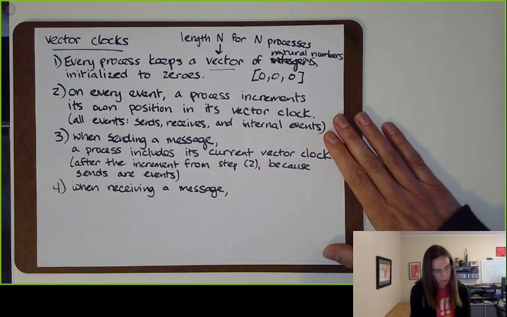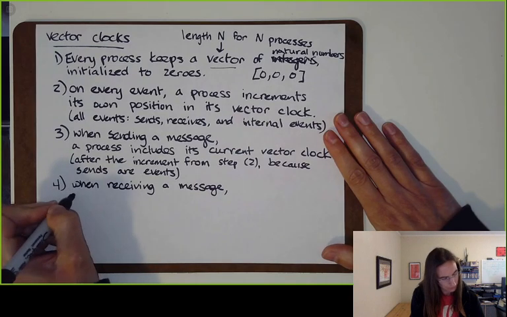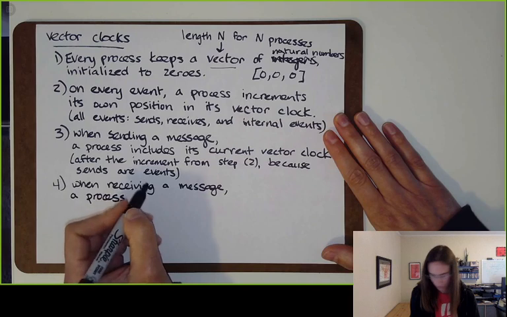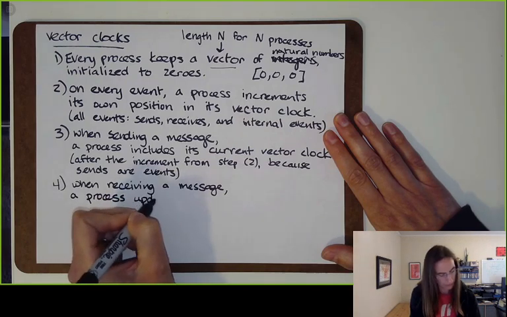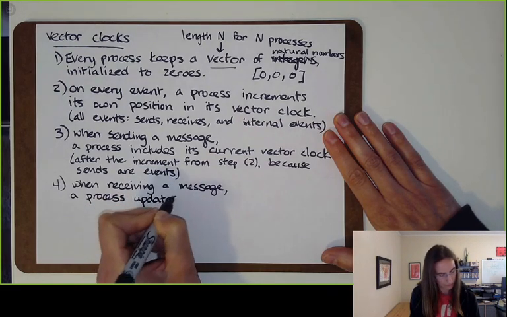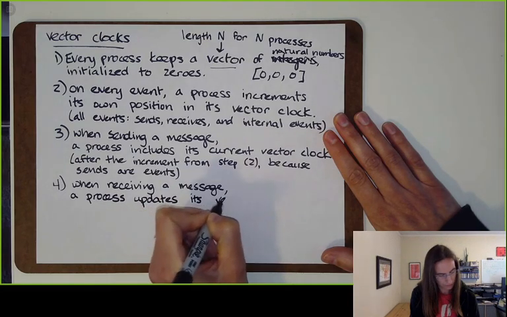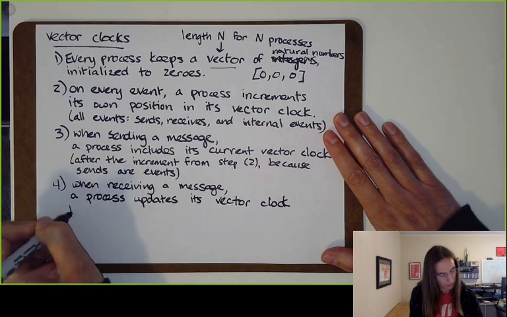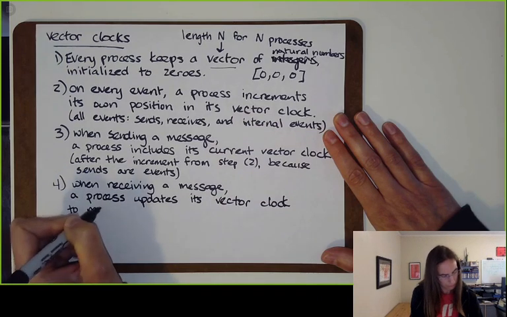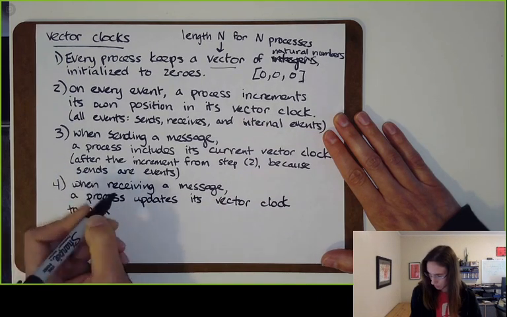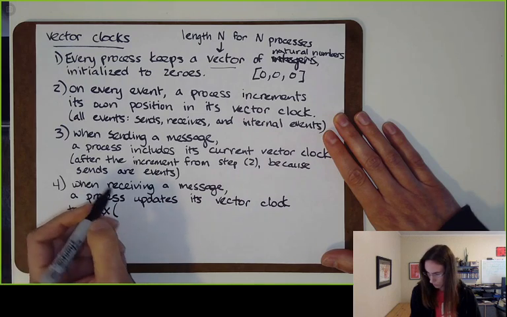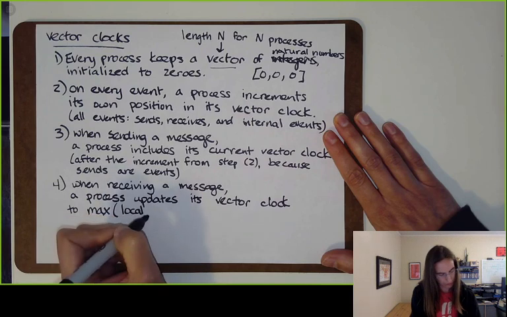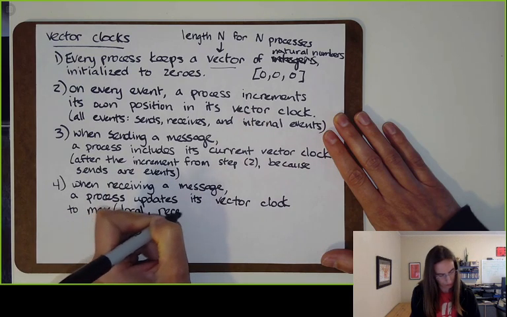So what will we do? Well, when receiving a message, a process will update to the maximum of the local vector clock and the received vector clock.